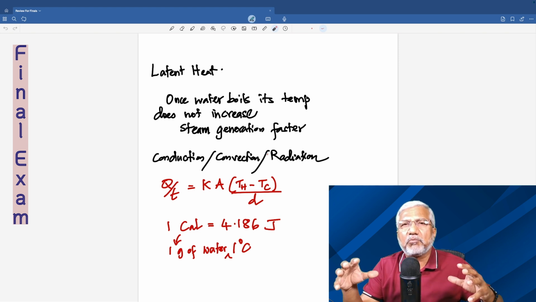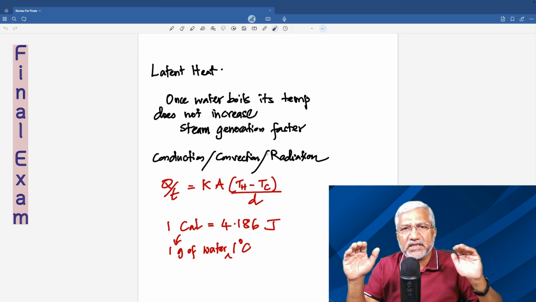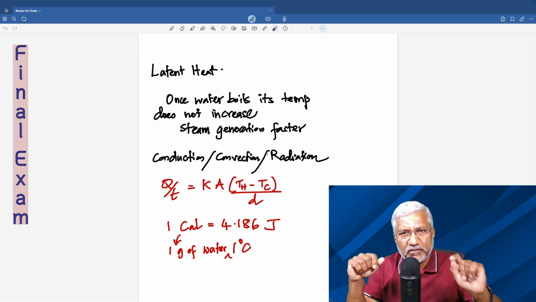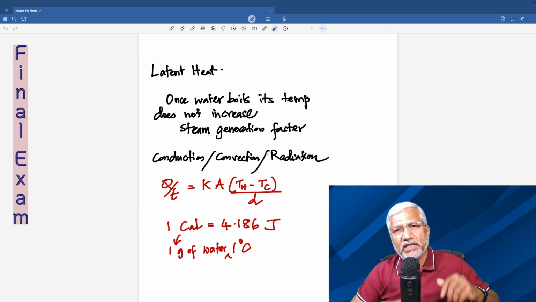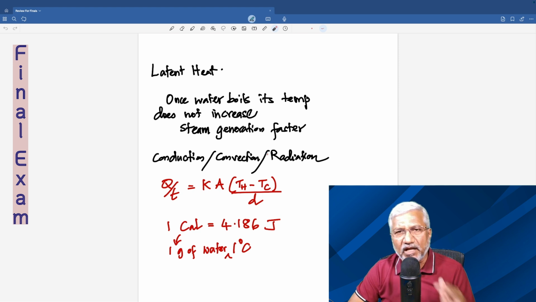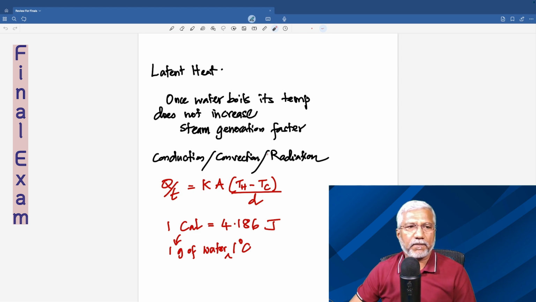Once water begins to boil, you can continue heating it, but its temperature is not going to change. Did somebody write that down? You can heat it with a stronger stove. All that you will be doing is changing water into steam faster. The temperature is not going to change once the change of phase begins.